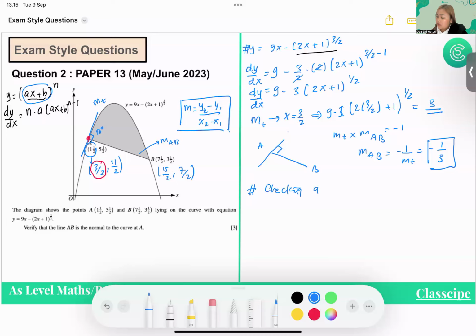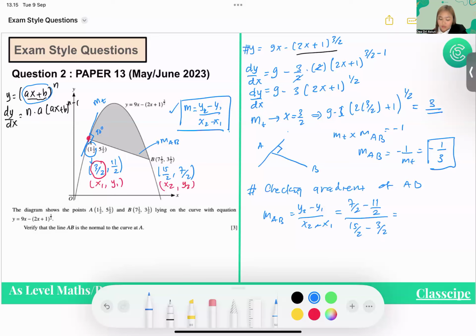Checking the gradient of AB. Remember, we can use this formula: mAB is (y2 minus y1) over (x2 minus x1). Let's say this is x2, y2 and this is x1, y1. Then you substitute: 7 over 2 minus 11 over 2, over 15 over 2 minus 3 over 2.